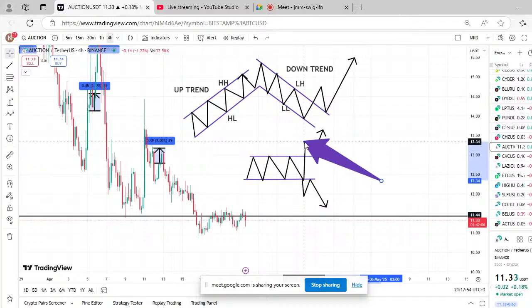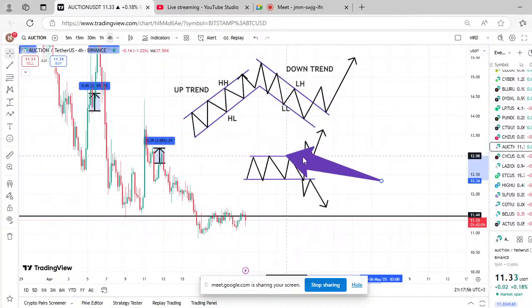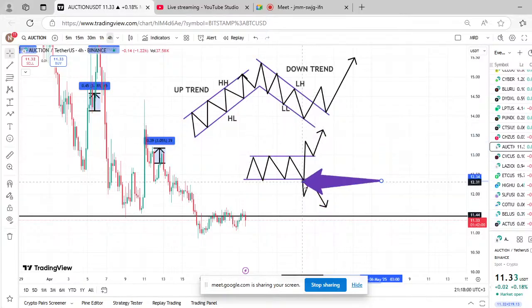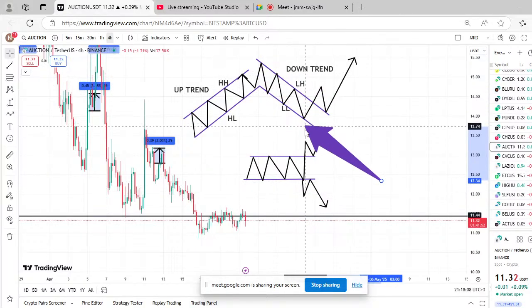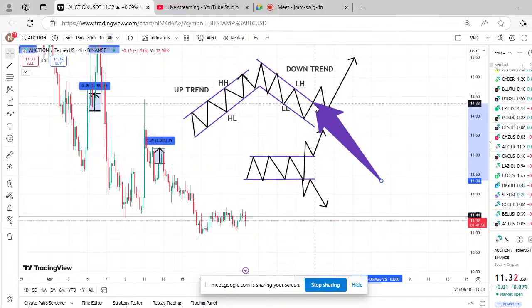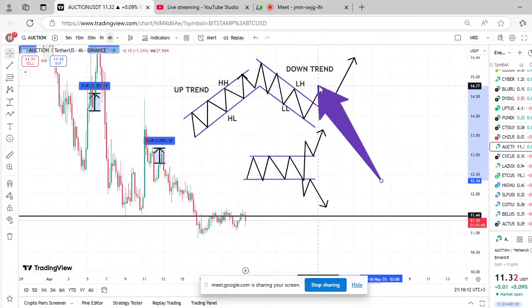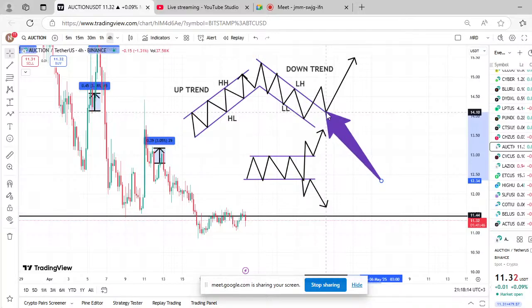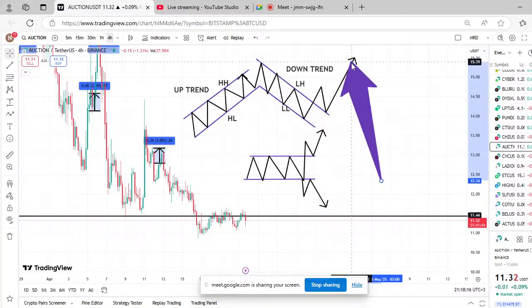The market can break here at the resistance level, test it, then move. Or it can break down here at the support, test, then move down.